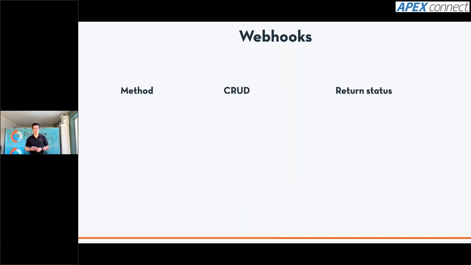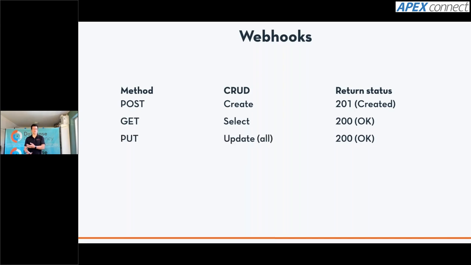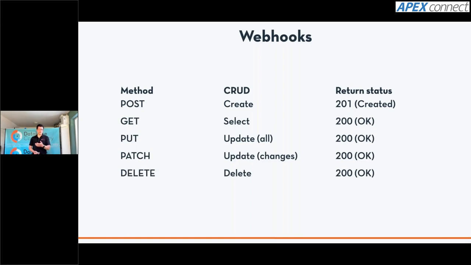So that got me thinking. If you POST, you typically create something and you return 201 Created. If you do a GET, you select something and then return 200. For PUT, you update something, return 200. With DELETE and PATCH, you also return 200.